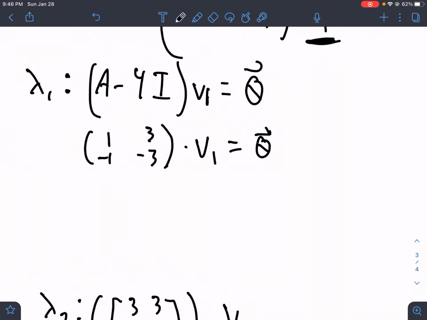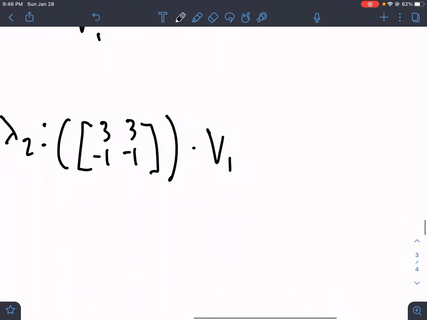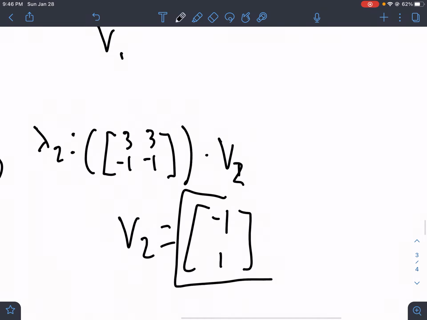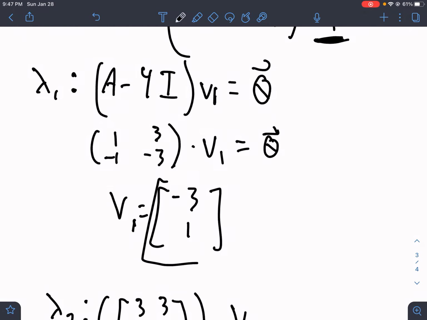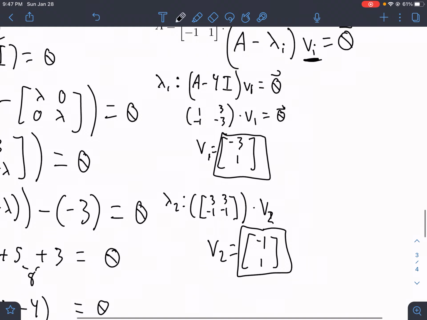So V1 does not equal that. That's what V2 equals. V2 equals negative 1, 1. And V1 equals, looks like negative 3, 1. Yeah. So those are our 2 eigenvectors. Sorry about that.